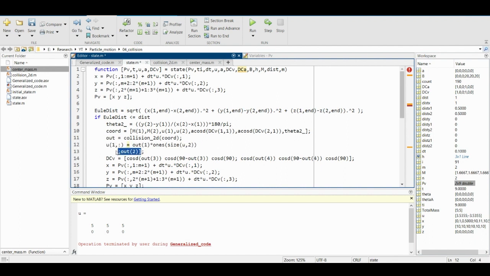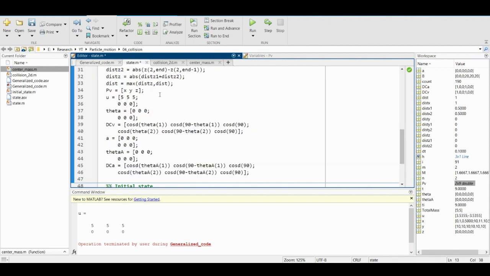Write this thing again. Second row, it will be out 2, size of ones of size of ones of number of 1 comma 1 comma 1 row, u comma 2, u comma 2. Let me see if it's working now.